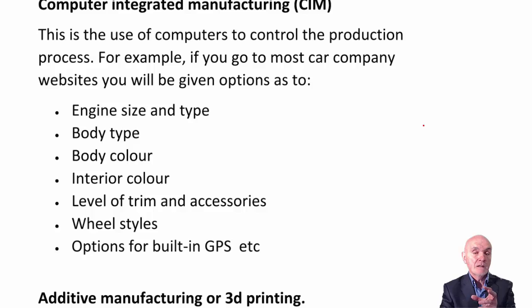automatically. So a lot of this is getting away from mass-produced goods where you get a black one, and we're only going to be making this color, and we're not going to be switching to another color for another month, and they're all going to be the same. And now what many companies do is they see the way to profit from saying, well, what color would you like? What engine size would you like? What level of trim and wheels would you like?